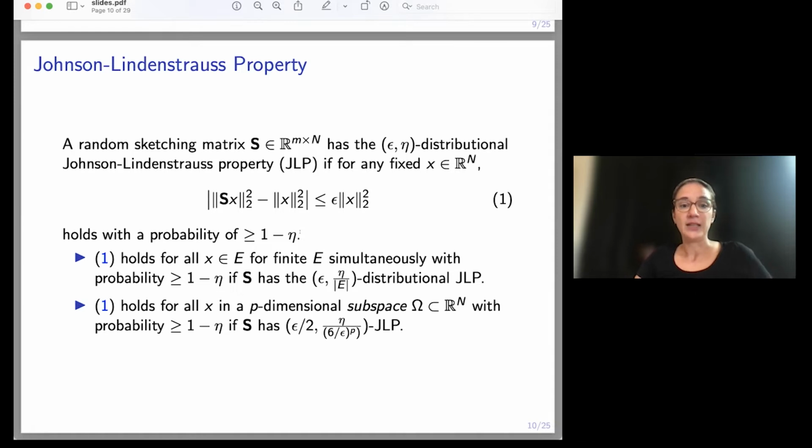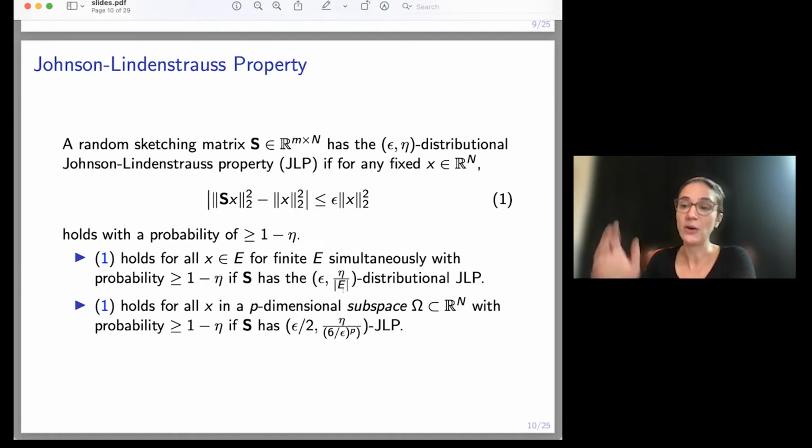Immediately by the union bound, if this property holds with eta over the size of any arbitrary finite set E of points, then it holds simultaneously for all points in the set E with probability 1 minus eta.